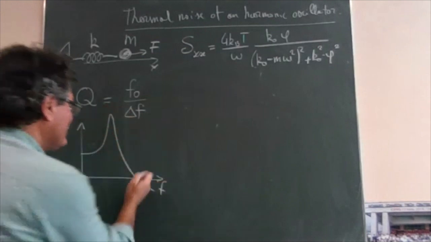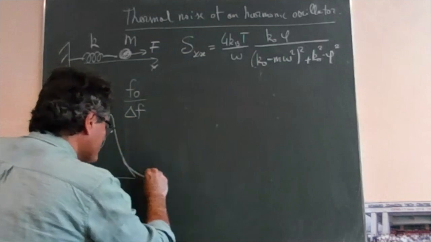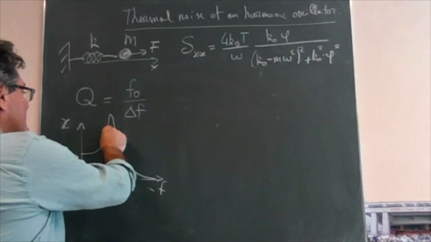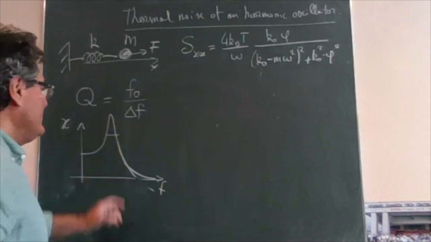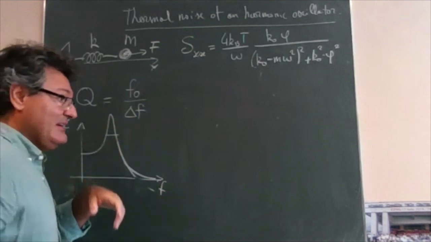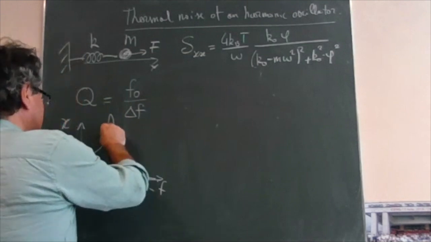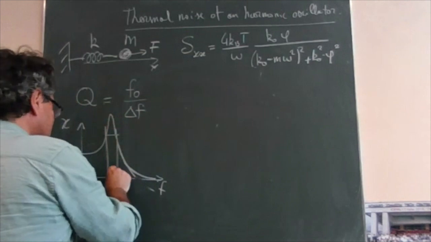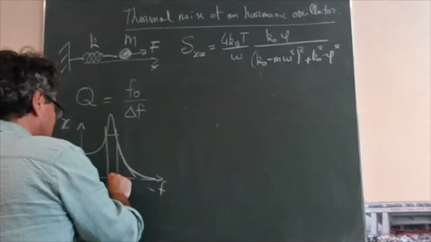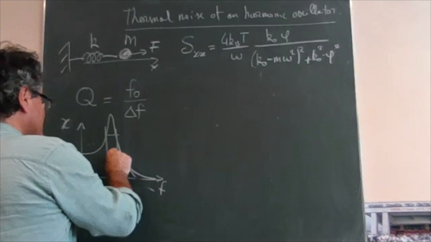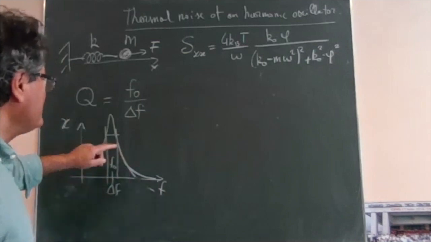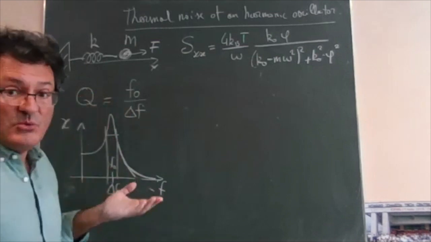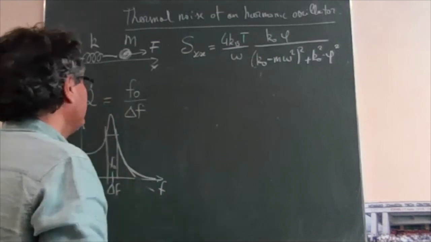And you calculate the width as the width at half maximum. So this is delta f. So this is f naught. So the ratio of f naught divided by delta f is the quality factor of the resonance.